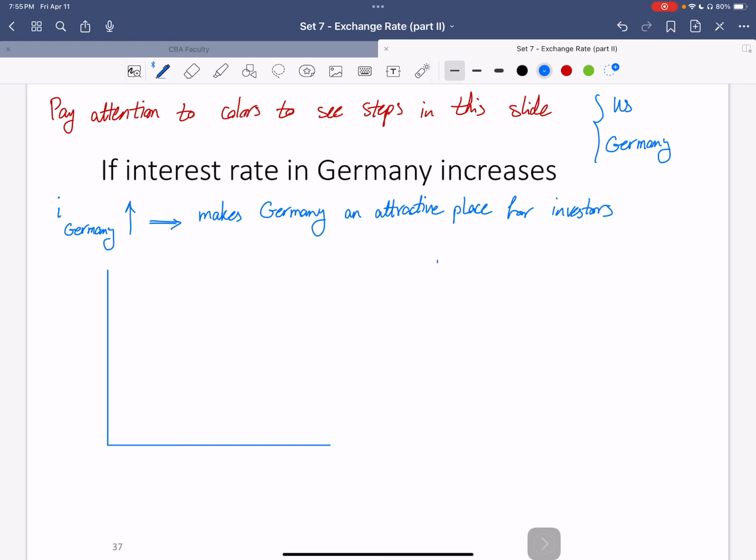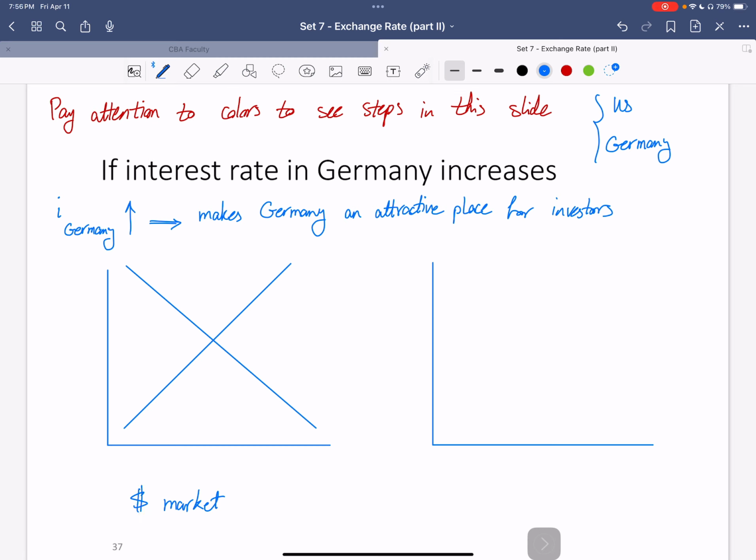Here we have a market for dollar. We can draw the dollar market, and we can either use mark, I think Germany's currency is mark, but let me just use euro. Let's say that people are exchanging dollar and euro in this example.